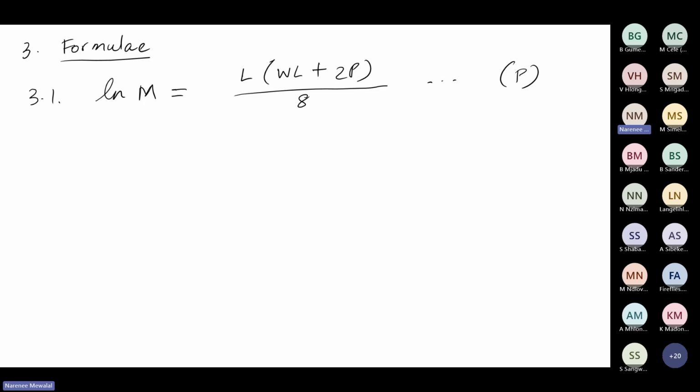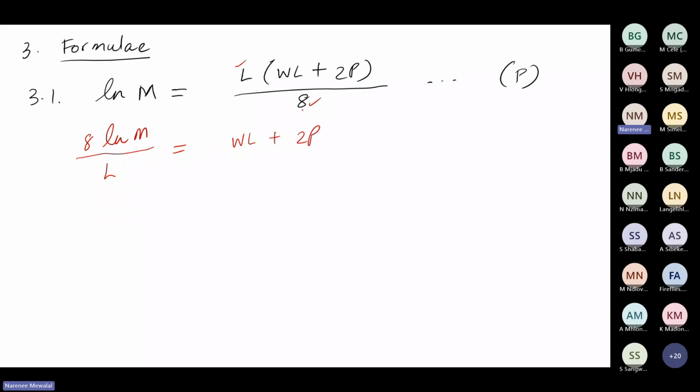So we start off with, I can move this 8. Because I was dividing by 8, if I move it to the other side, I'll multiply by 8. Okay. And because I was multiplying by L on the right-hand side, if I move it to the left-hand side, I will divide by L. Okay, so that leaves me, I moved the 8 and I moved the L, it leaves me with WL plus 2P.